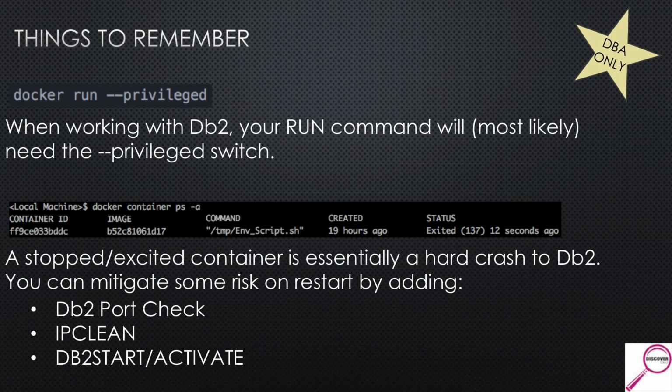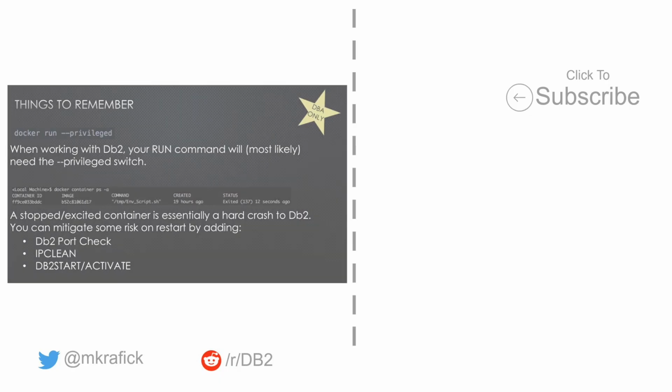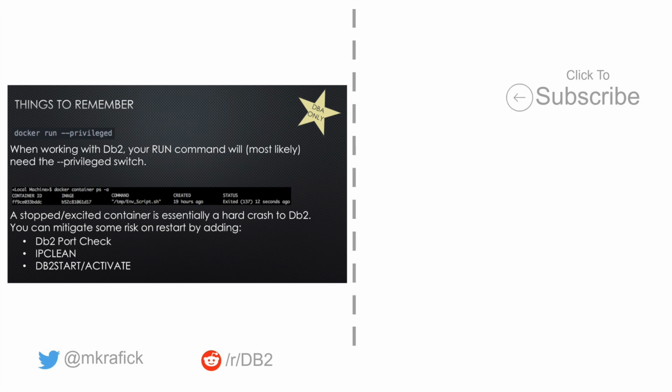For some reason with Docker, the ports sometimes disappeared on us, so we had to check to make sure that the ports were there, and if not, put them back. And then don't assume that you can go into crash recovery. So issue the DB2 start and go ahead and activate things explicitly. But if you keep an eye on those last items, you're going to find that you can come up without too much of a problem, and DB2 will crash recovery without issue.